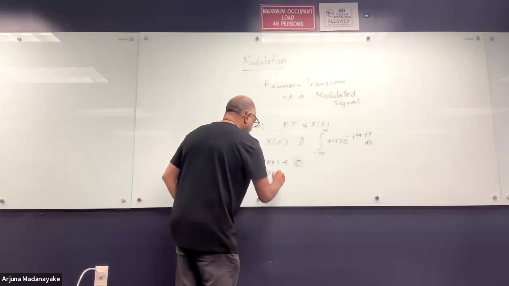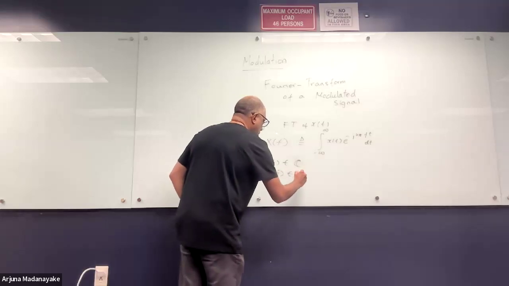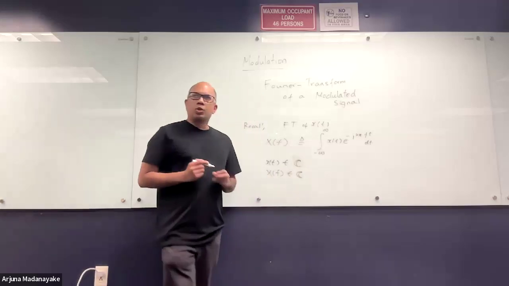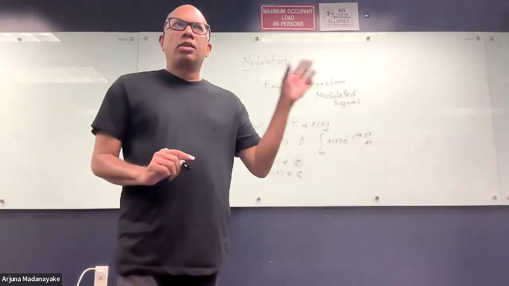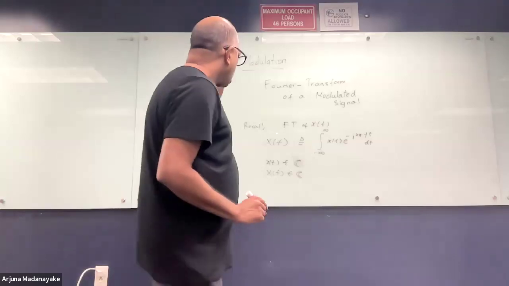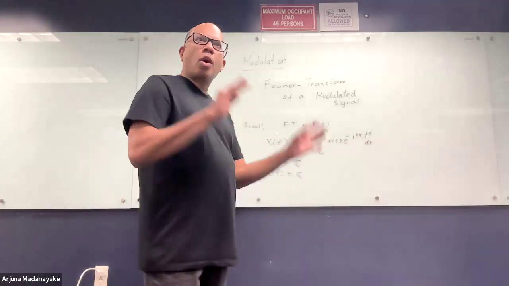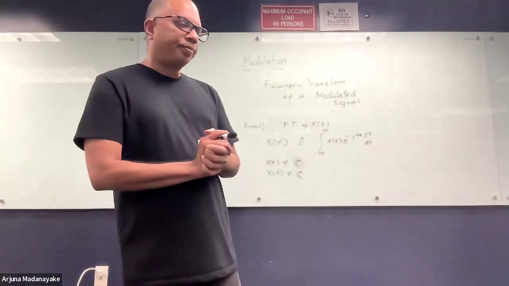And x of f can also be a complex function. So in the most general sense, the Fourier transform maps a complex function in time into a complex function in frequency.